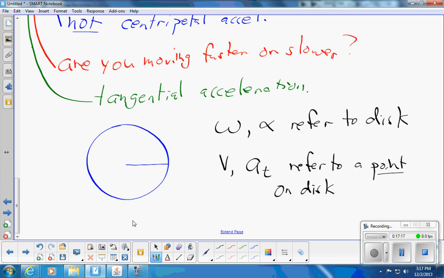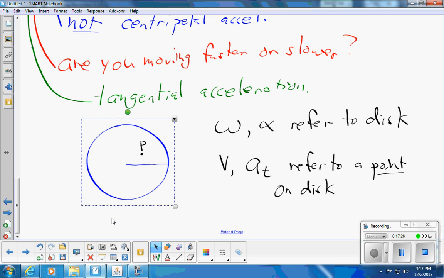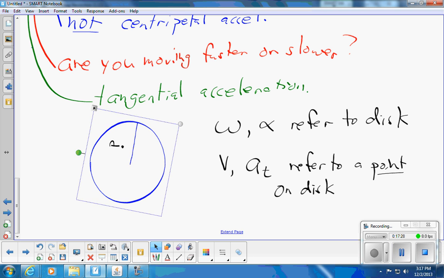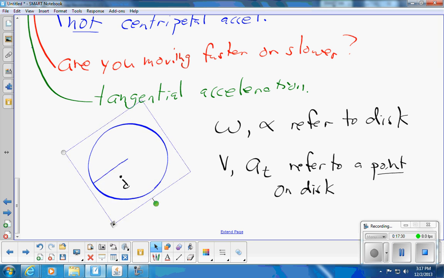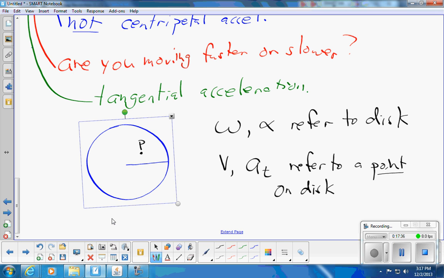So I will not say what is the linear velocity of this disk, or what is the tangential acceleration of this disk, because different points have different values. So if I choose a point P, if this thing is rotating at a constant angular velocity, like that, then in terms of linear quantities, so I've frozen this in time, but in fact this thing is moving right now.